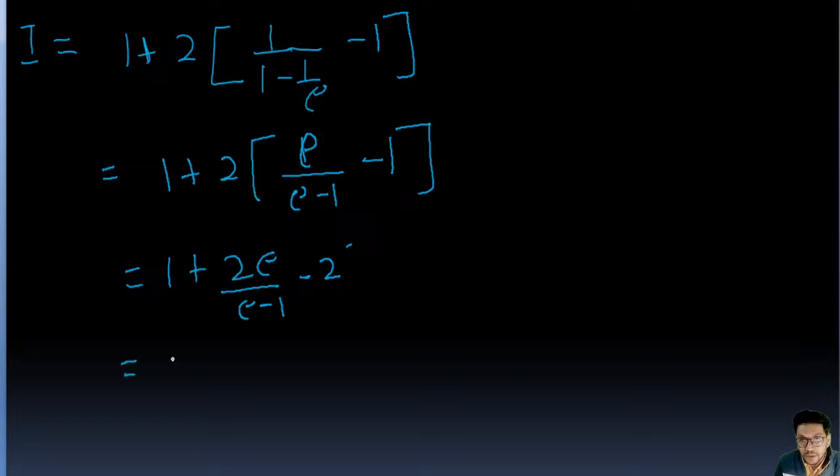Now we'll solve it. So it is 1 plus, we'll solve it. Okay, so this is going to be 2E minus, this one is going to be minus 2E plus 2 upon E minus 1, right?